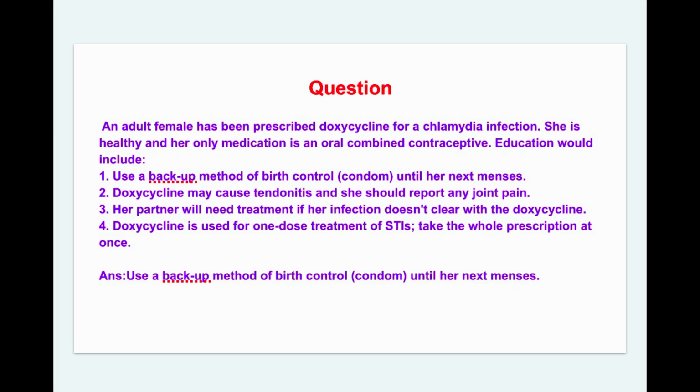Next one: an adult female has been prescribed doxycycline for a chlamydia infection. She is healthy and her only medication is an oral combined contraceptive. The education would include using a backup method of birth control until her next menses, because the antibiotic can reduce the effectiveness of the birth control pills.